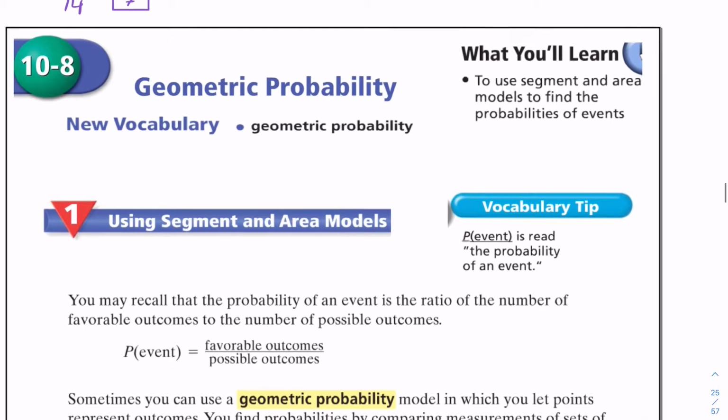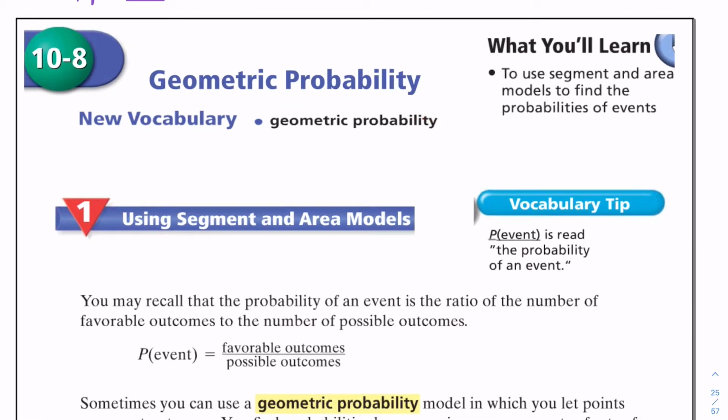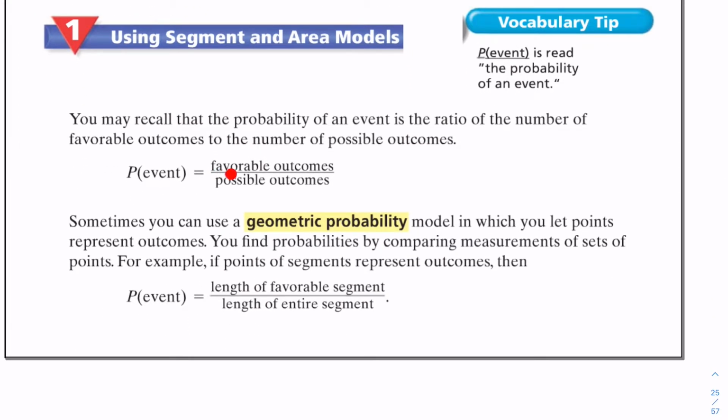All right, so our lesson today is about geometric probability. So we are going to determine the probability of events based on our favorable outcomes divided by our possible outcomes.